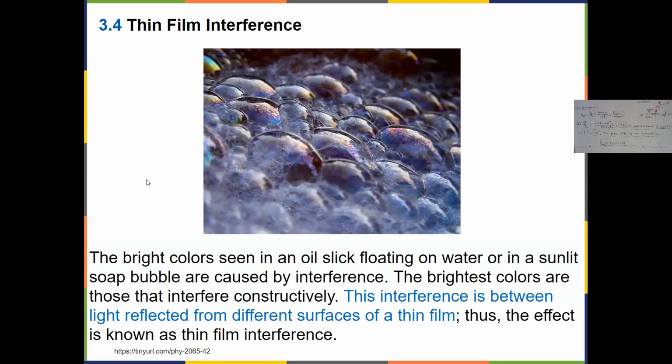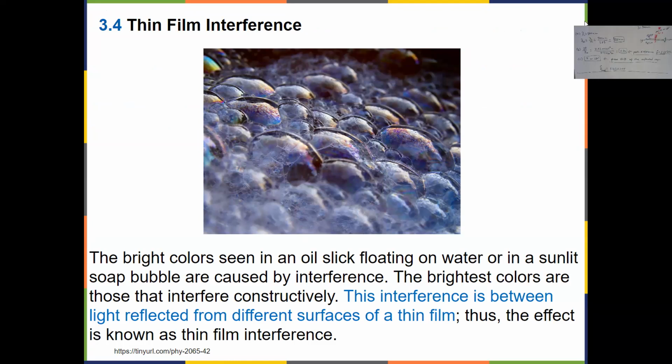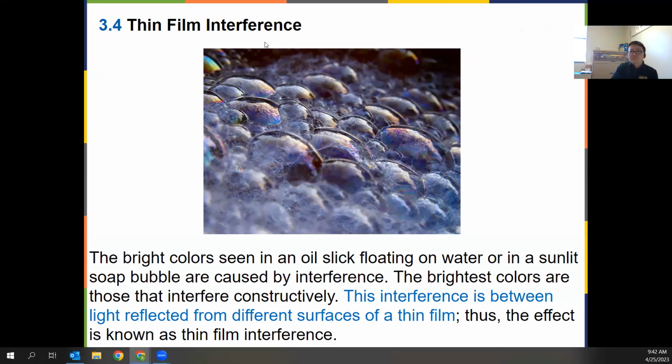When you blow soapy water bubbles into air, you're likely to see bright fringes, maybe purple, blue, or sometimes red. That's due to the fact that the light hits the surface of the bubble and gets reflected one time, and the other part enters the bubble and gets reflected a second time on the back surface. Those two reflected rays go into your eye.